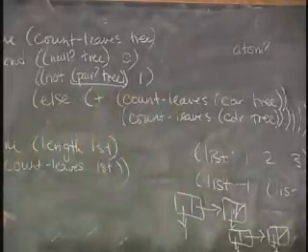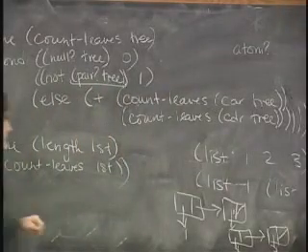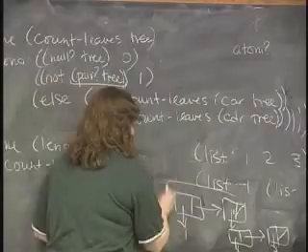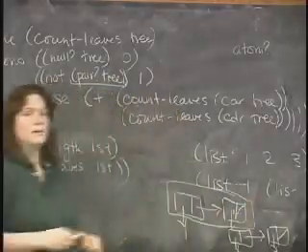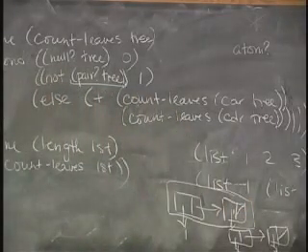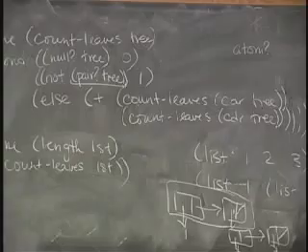So that's what the second list looks like. And length is only going to count this, whereas count leaves is going to count the leaves on the entire structure. So they'll return different values in certain cases, which is usually a bad way to define a function. A function is going to be defined one way in one case and another way in another case.